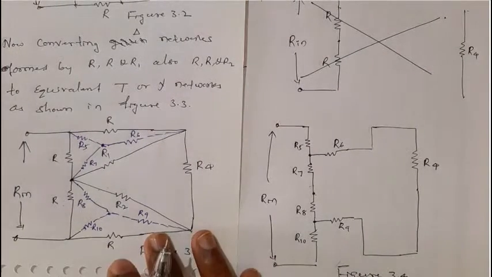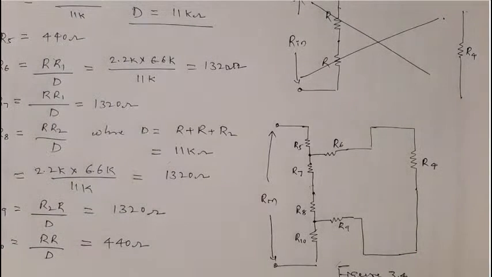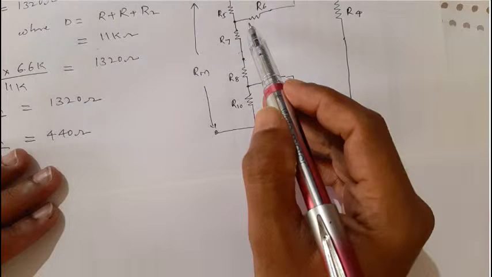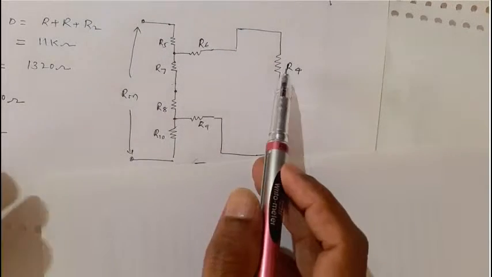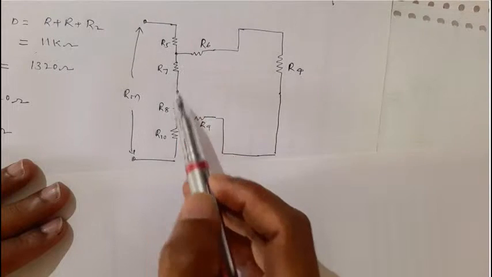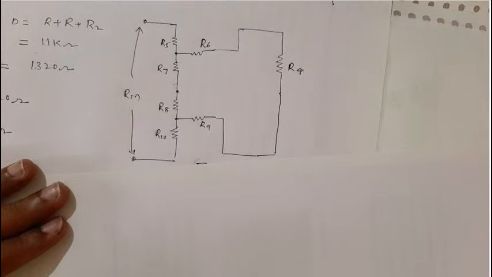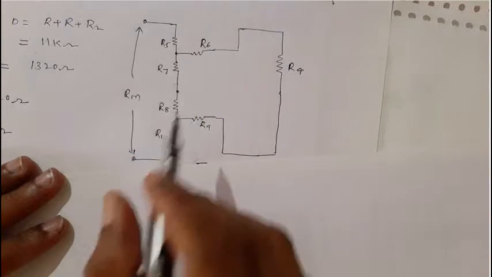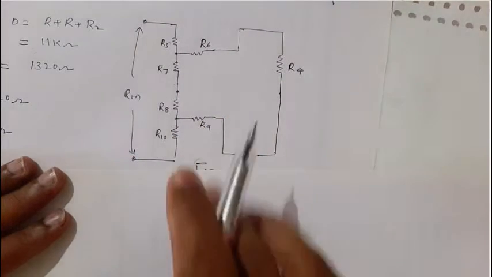If you see this figure, dear students, it is much easier to calculate Rin from it. Let me show you that. These three resistors R6, R4 and R9 are in series, and even these two resistors are in series. Even if you want, I can directly calculate, but I will go one more step to reduce this.